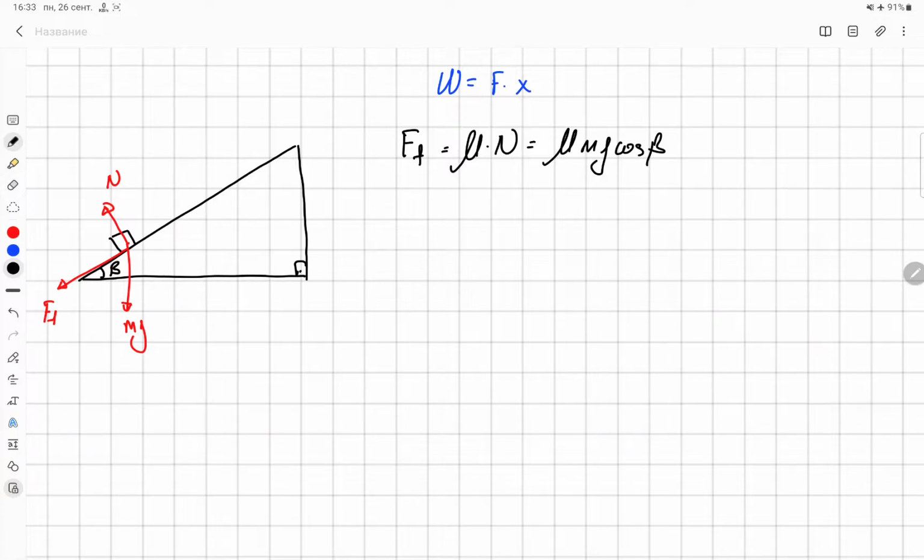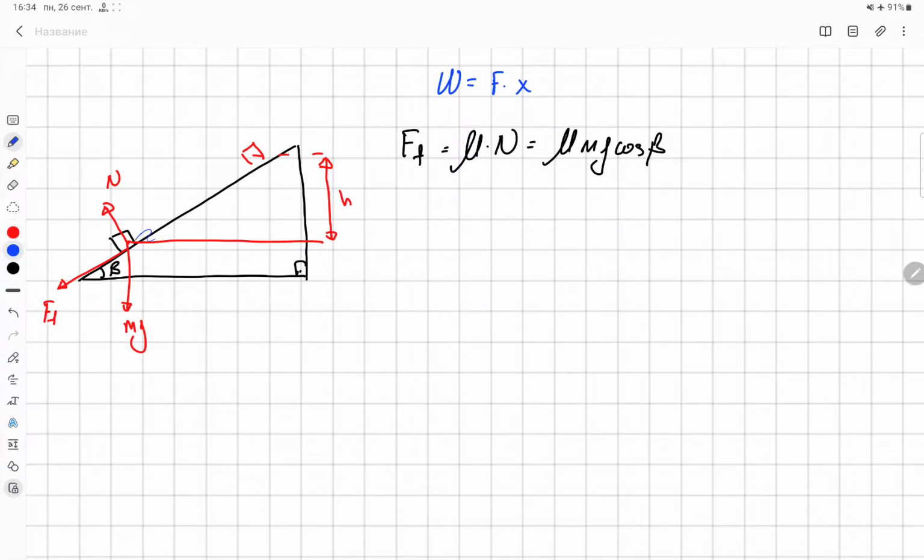So we know the value for friction force, mu mg cosine beta, and it's given that this object raises for h height. So it comes to this point, for example, and this distance equal to h.